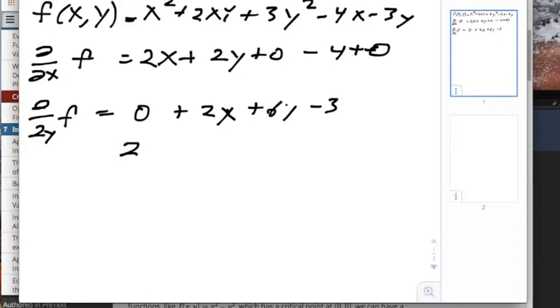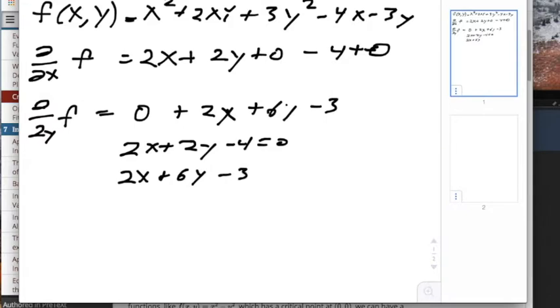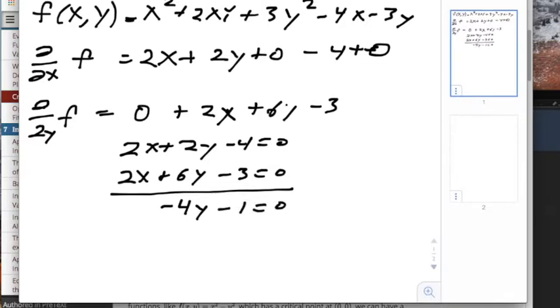So I'm looking at trying to solve 2x plus 2y minus 4 equals 0, and 2x plus 6y minus 3 equals 0. I look at this and say I'll do a good job if I subtract, which gives minus 4y minus 1 equals 0, so y equals minus 1/4.